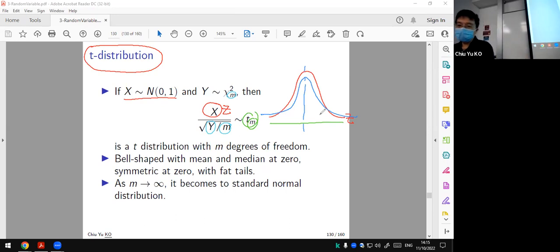It's just a slightly changed bell, and it depends on M. I don't have enough time to talk about F, but we'll talk about F next class together with Excel. So we learned that T is a deformed bell.